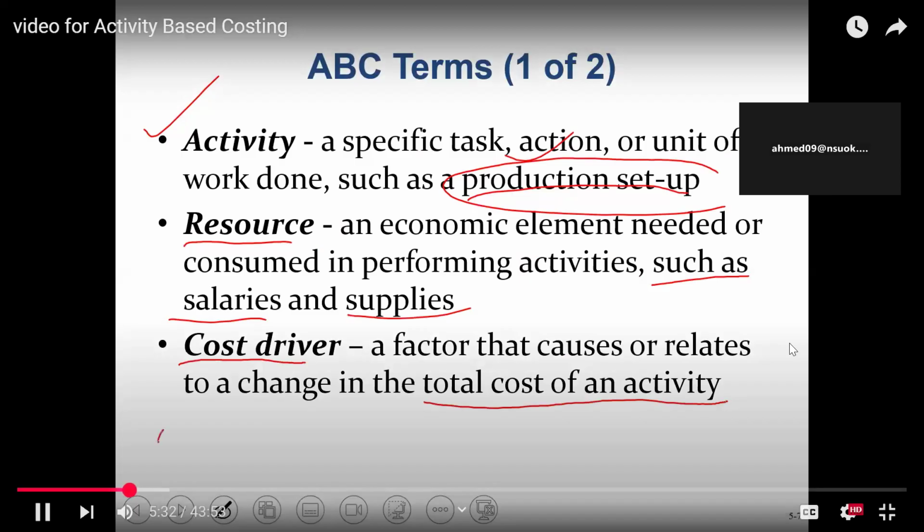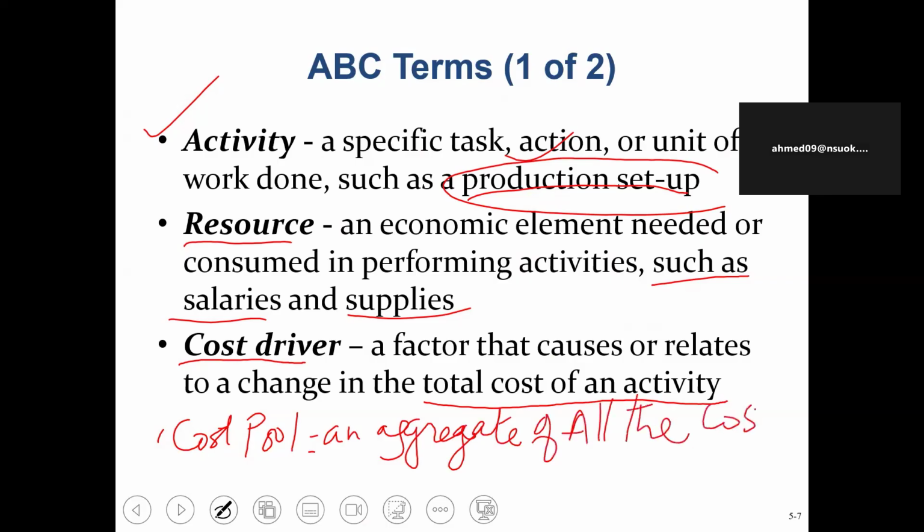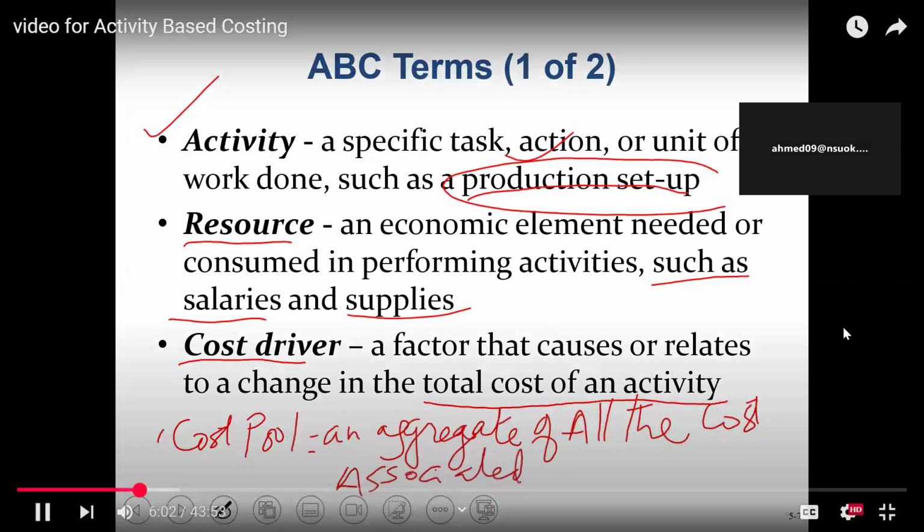And I wanted to add cost pool, which is an aggregate of all the costs associated with the activity.